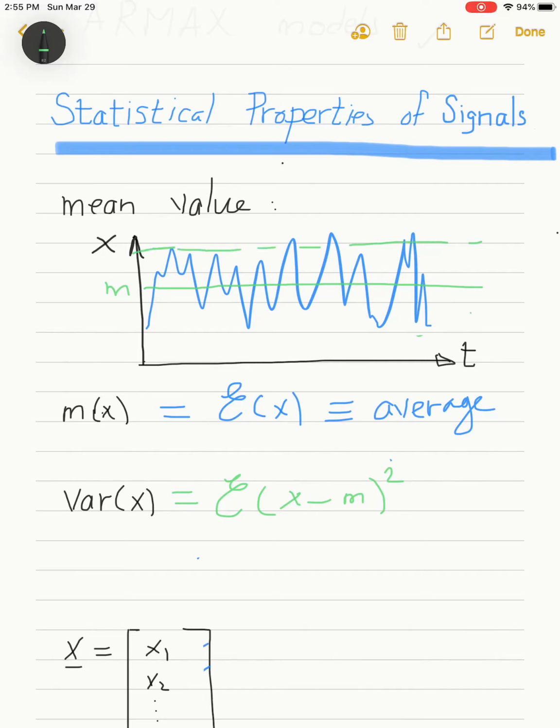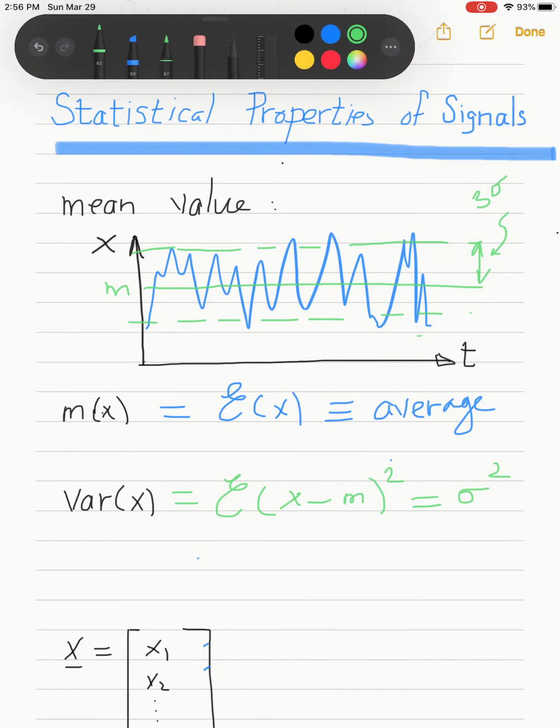Within that band, most of the values, not necessarily all the values, but most of the values are within this band, and the width of that band for normal distribution is normally 3 times sigma, where sigma squared is the variance. Of course, sigma is known as the standard deviation of the signal. So as a conclusion, the variance gives an indication of how much the signal fluctuates around its mean.